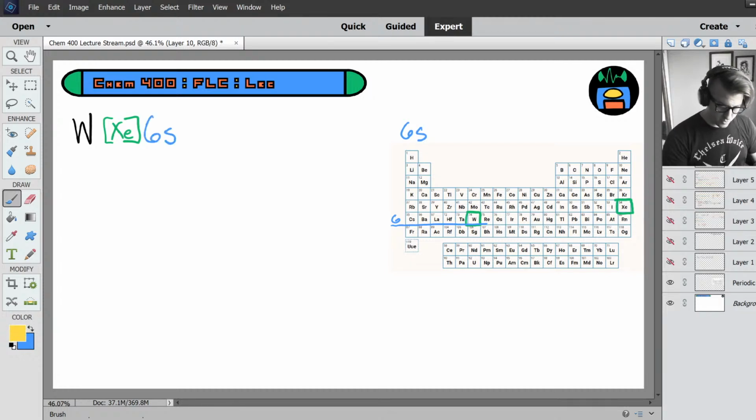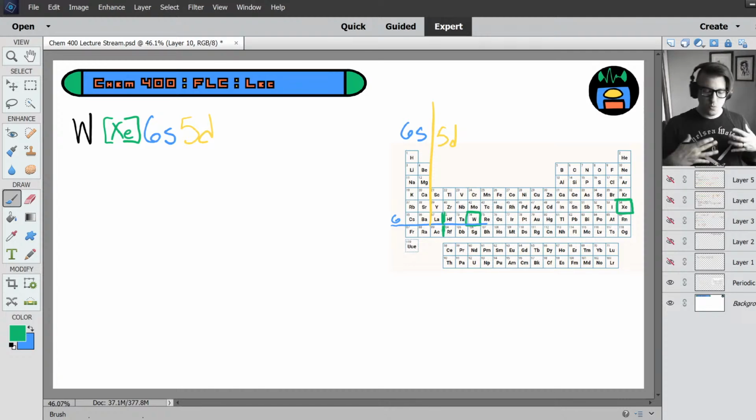We're going to be crossing over into the 5d. But you'll notice that we said every element that comes after lanthanum or actinium will have a full f block. So we actually do have a 4f14 situation going on.